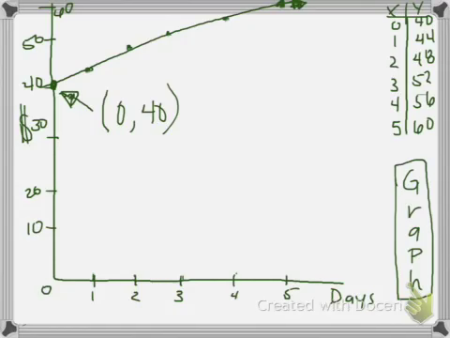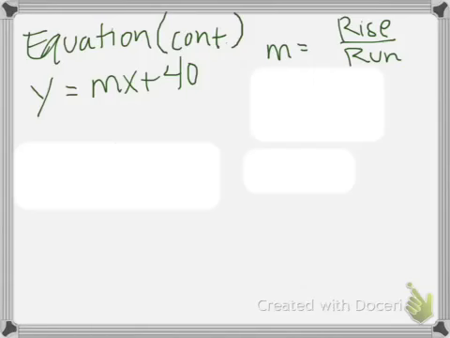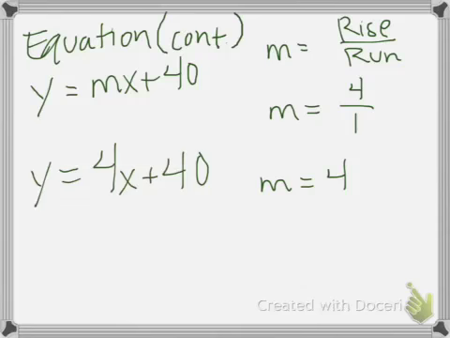The rise we should have gotten is 4. Now let's figure out how many spaces it goes over. The run that we should have gotten was 1. Put these in for rise over run and you should get 4 over 1, or also known as just 4. Now plug everything in to complete the equation, which should look like y equals 4x plus 40.